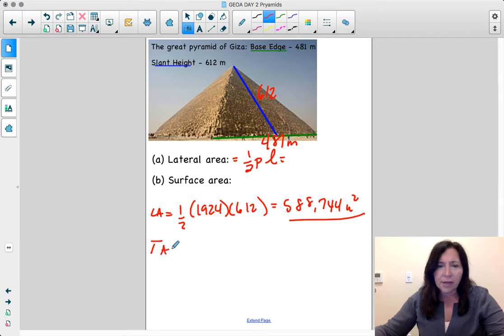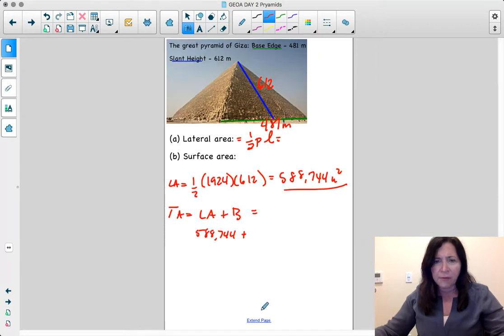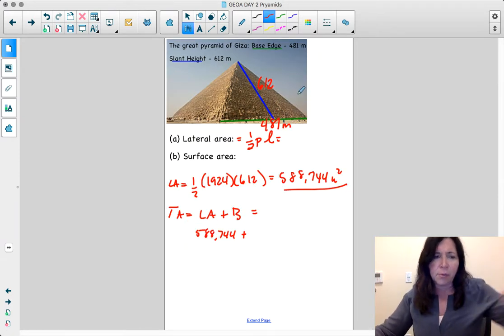My total area is going to be the lateral area plus the area of one base. So my lateral area, which is going to be 588,744, plus the area of one base. Now my base, because it's a regular polygon, these are congruent.